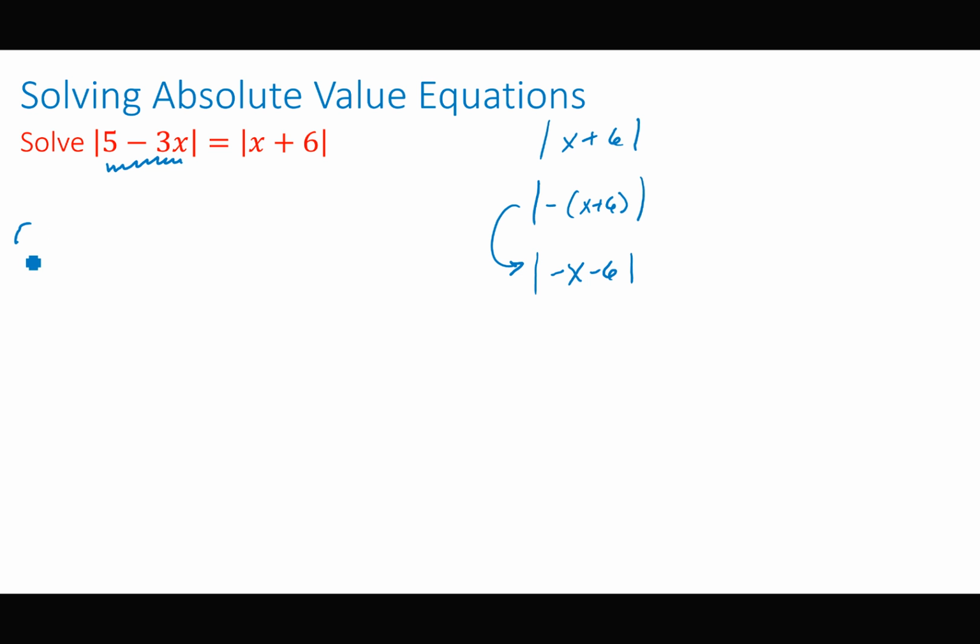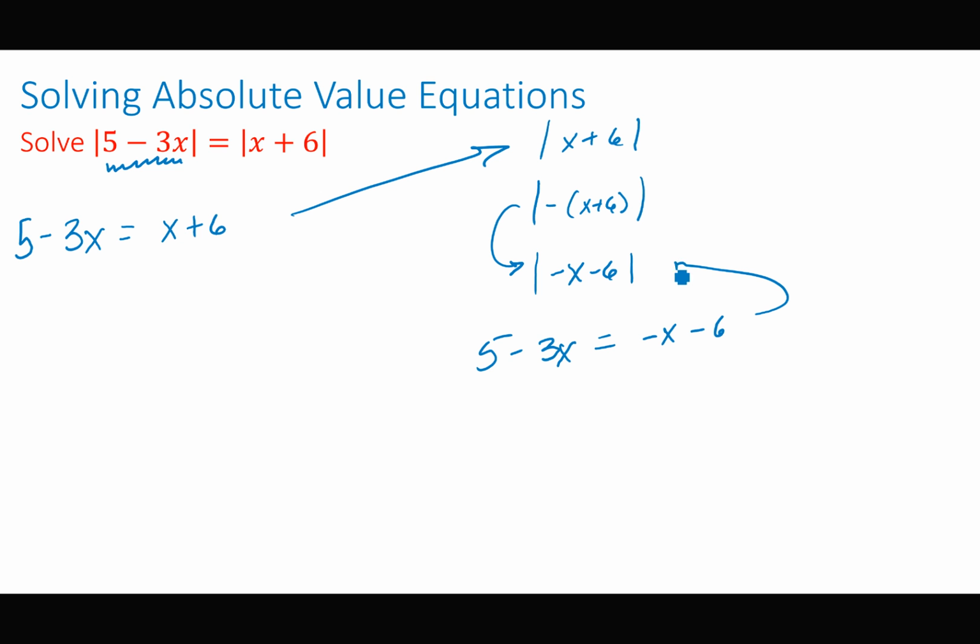So again, I'm going to create my two equations. So 5 minus 3x equals now a positive x plus 6 to go with this one. And 5 minus 3x equals negative x minus 6 to go with that one.